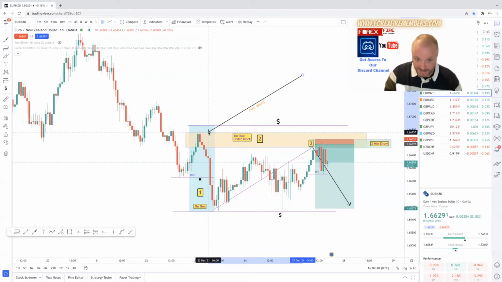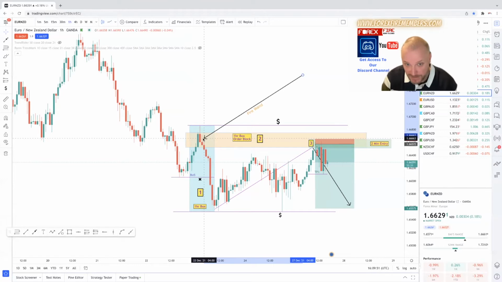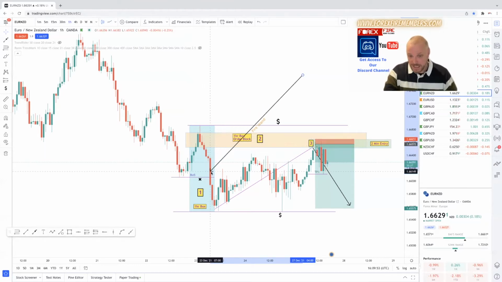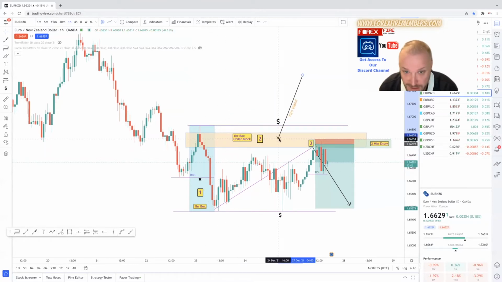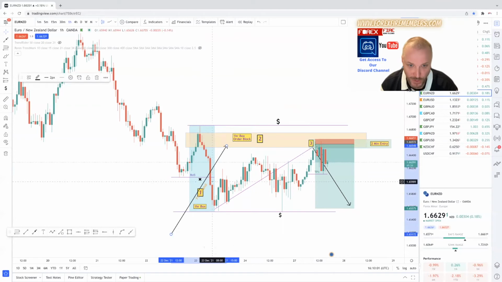In this instance, if we are waiting for the pullback to come back from a downtrend, the order block will be the last buy before the sell. If we are in an uptrend, then the order block will be the last sell before the buy. So this is box number 2. Now, that's your 2 boxes drawn out.